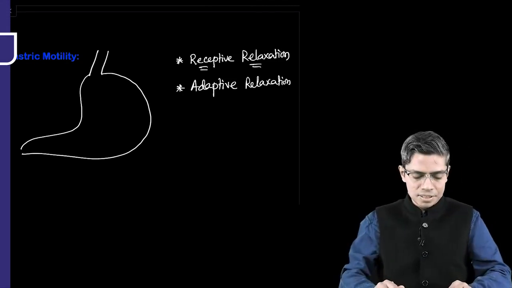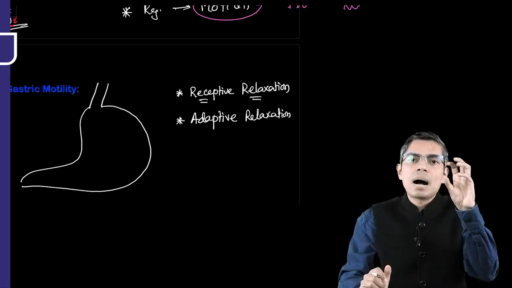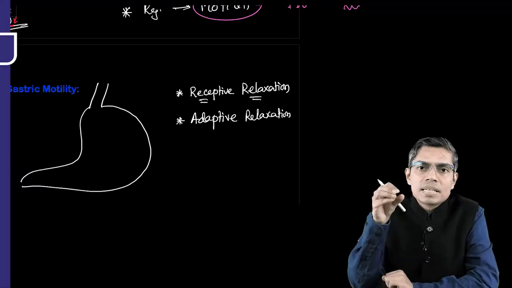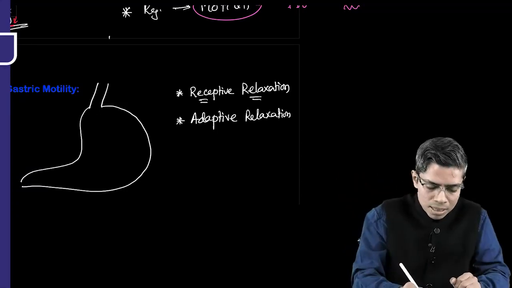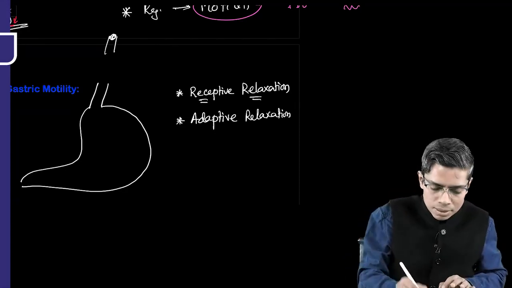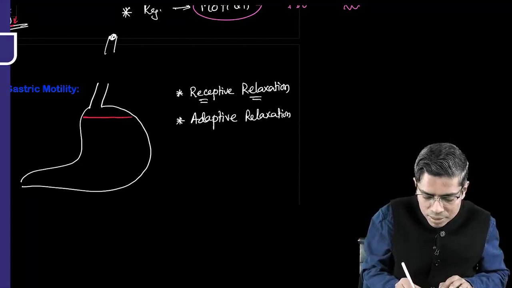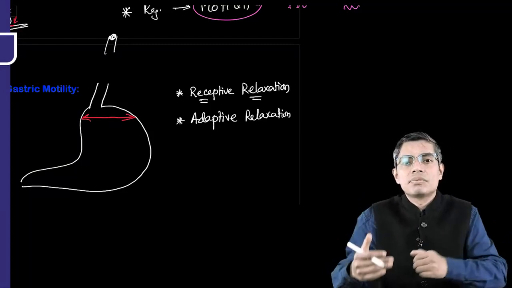What is receptive relaxation? Whenever a food particle enters the upper part of the esophagus, the upper region of the stomach will dilate ahead of the food particle.